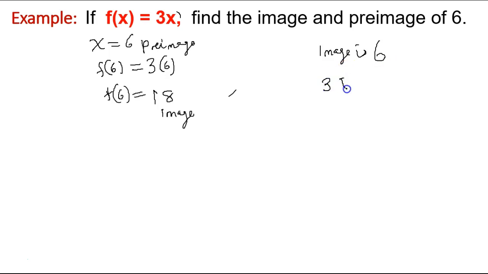So 3x has to equal 6, because 6 is the image and 3x is the image. We want to find the pre-image, which is x. So we just solve the equation for x to find the pre-image. So x is equal to 2. So when 6 is the image, the pre-image is going to be 2. And when 6 is the pre-image, the image is going to be 18.